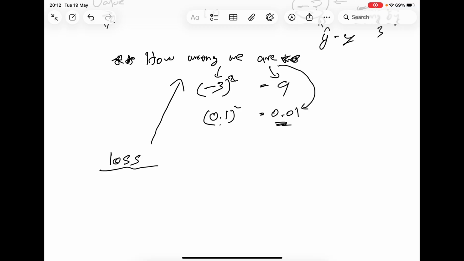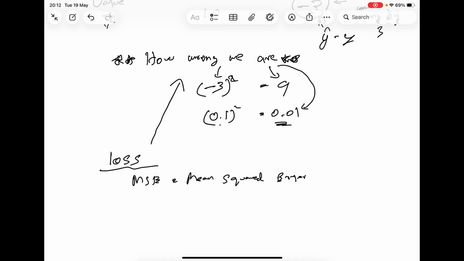We use a formula called mean squared error, MSE for short, which is mean squared error, right?